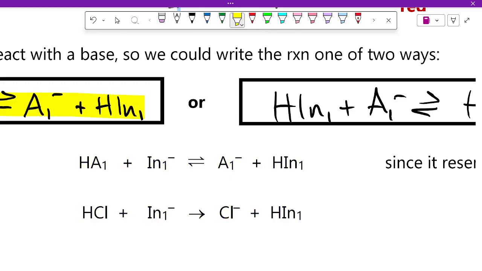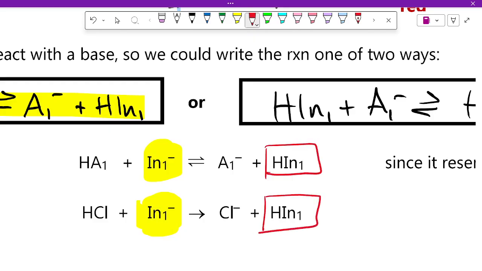And we know that In minus is yellow, and we know that HIn is red. And we know when we have a strong acid, we see the acid form.